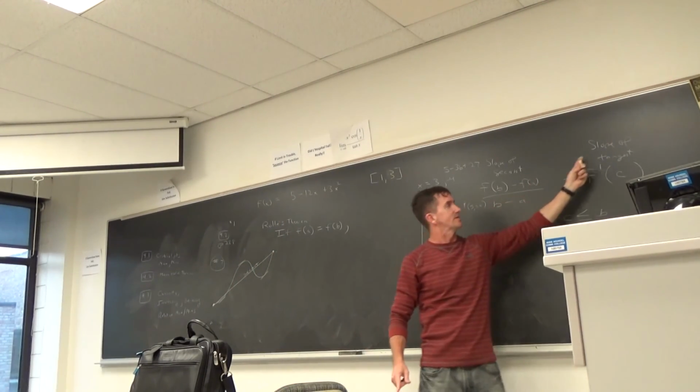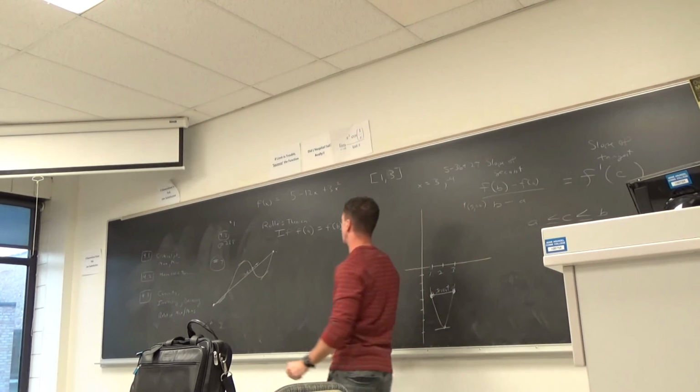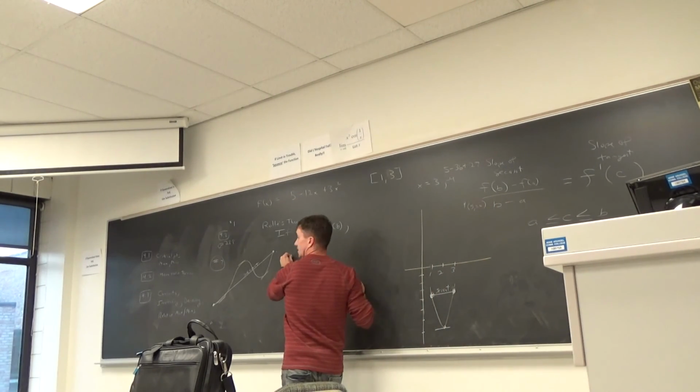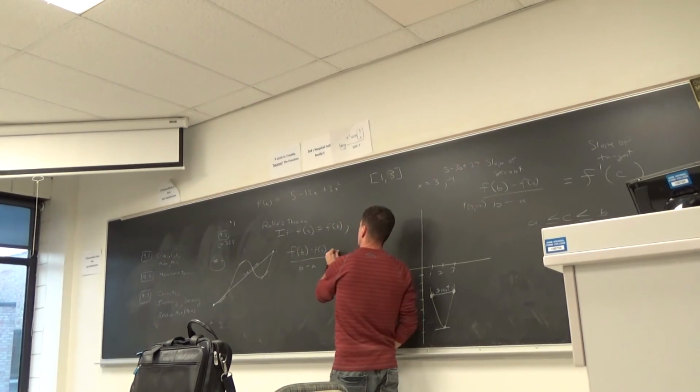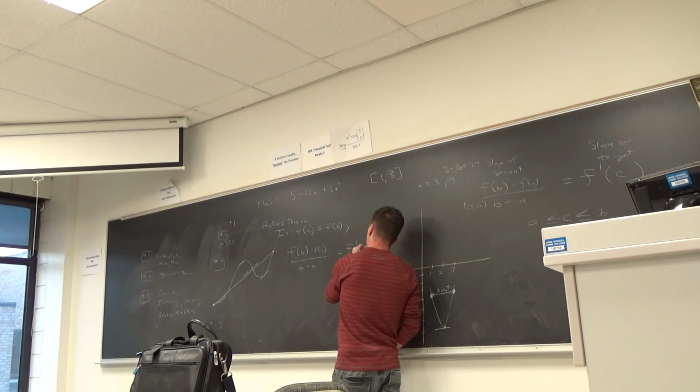Well, we can actually write this a little better, can't we? Because we could say this: f of b minus f of a over b minus a, right? What would all that equal? f prime of c. We're going to improve this.